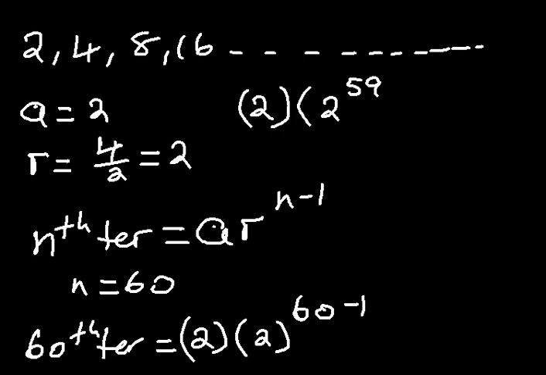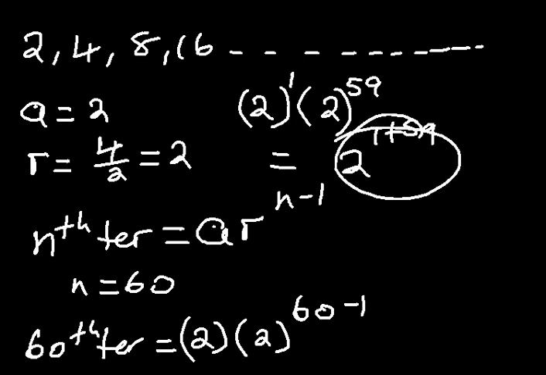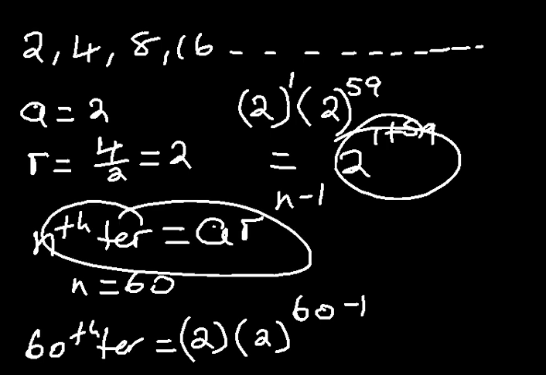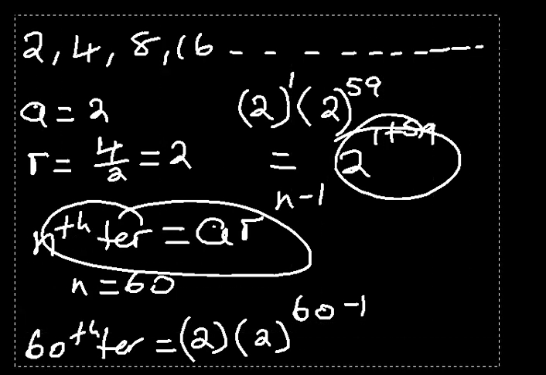Using the laws of indices, we know that 2 is the same as 2 to the power 1. Since the bases are the same, we add the powers. We'll have 2 to the power 1 plus 59. And with a calculator, you'll be able to have what that is. But this is the formula for the nth term in the geometric progression series in that case.